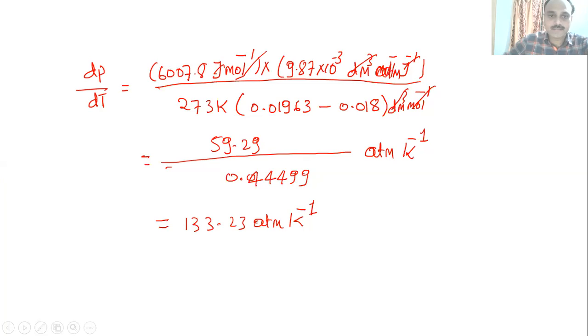The answer is 133.23 atmosphere per Kelvin. Now, this is the final answer.